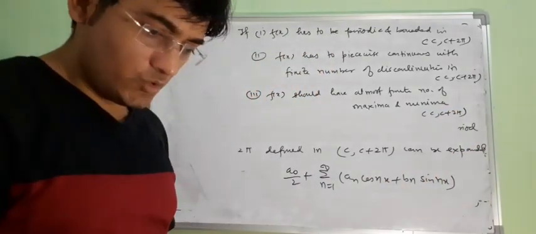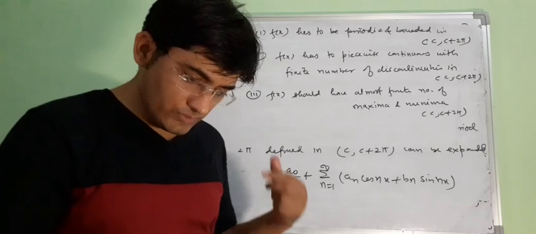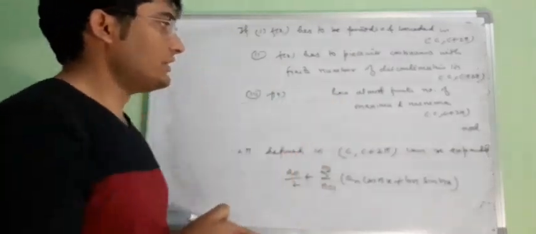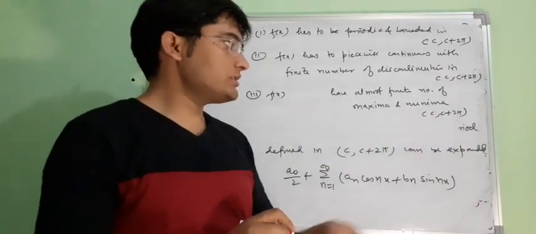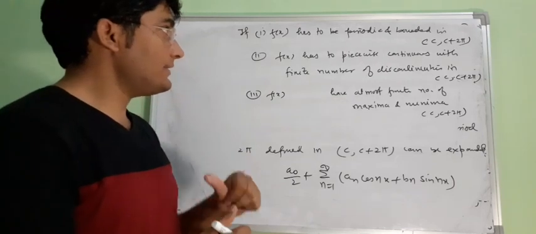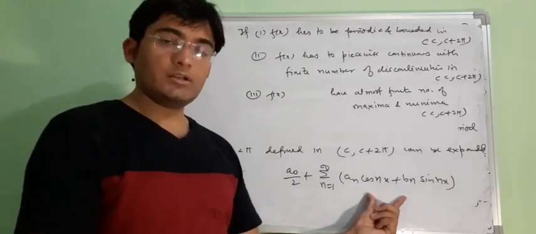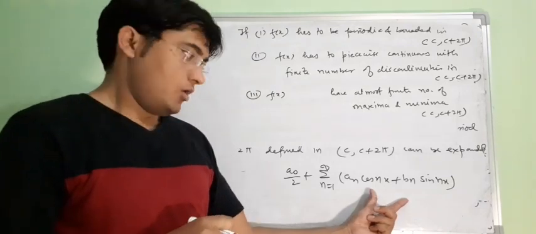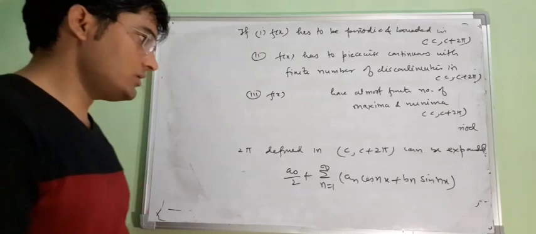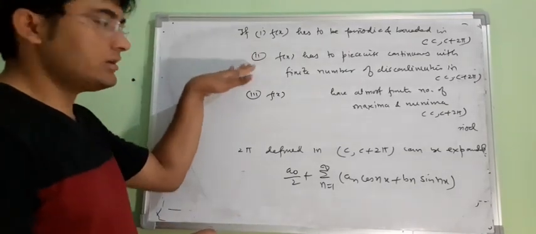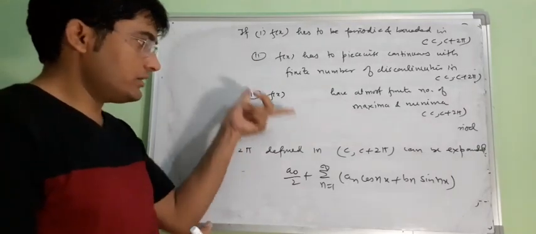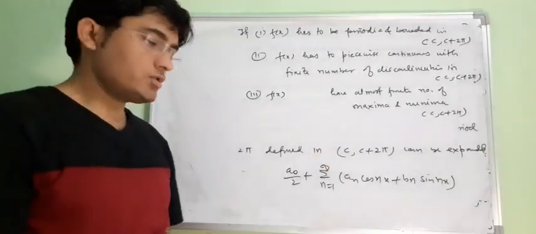If these three conditions hold, then we will say that this trigonometric series converges to f(x). Only then will it converge to f(x). So while we solve the questions, we will assume that these three conditions are satisfied. Only when these three conditions are satisfied will we try to solve the question.